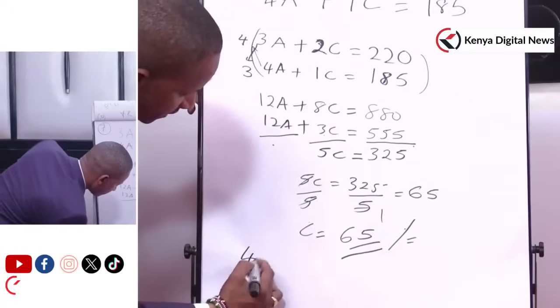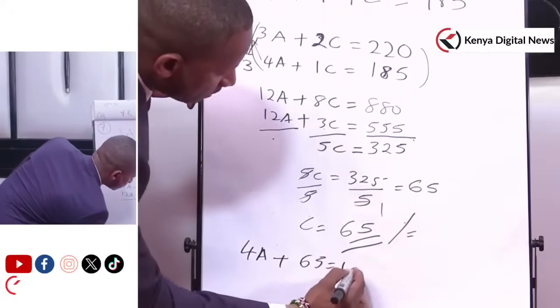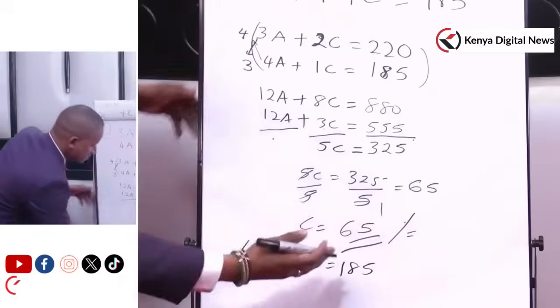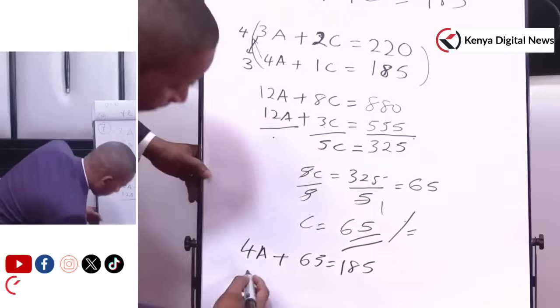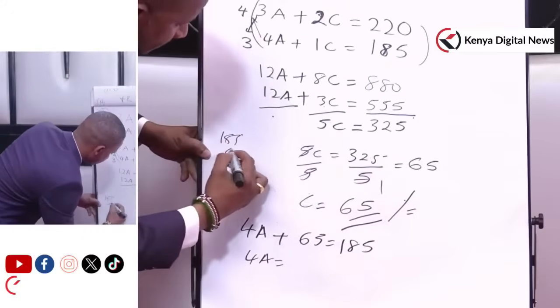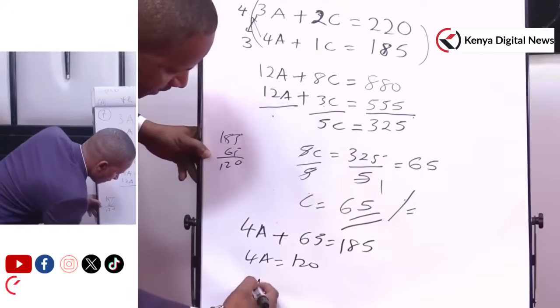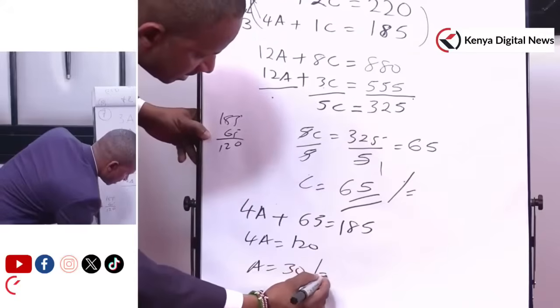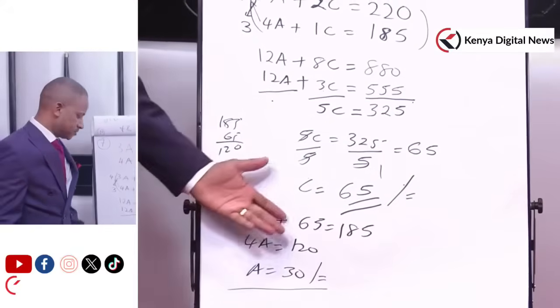So it is 4A plus C, which is 65, equals 185. This is called substitution. You substitute. So this is 4A equals 185 minus 65 is 120. So A will be equal to 30 shillings. 30 shillings. So that's all.